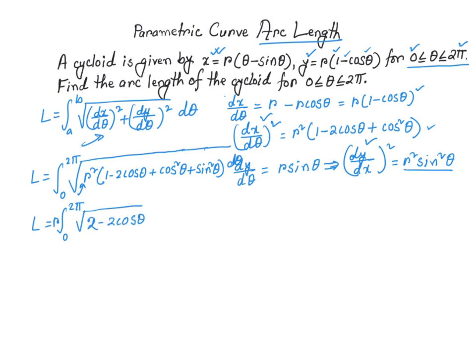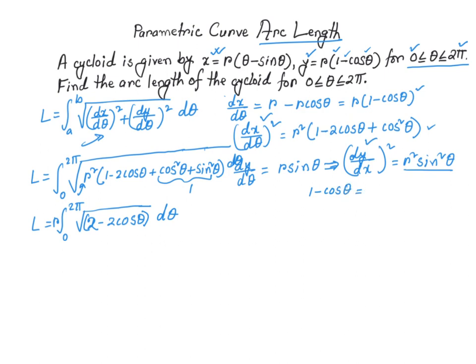Actually, it's going to be 2 minus 2 cosine of theta because this is 1, right? Now, this could be simplified. So don't forget the d theta. So 2 minus 2 cosine of theta, we could factor out the 2, so 2 times 1 minus cosine of theta.